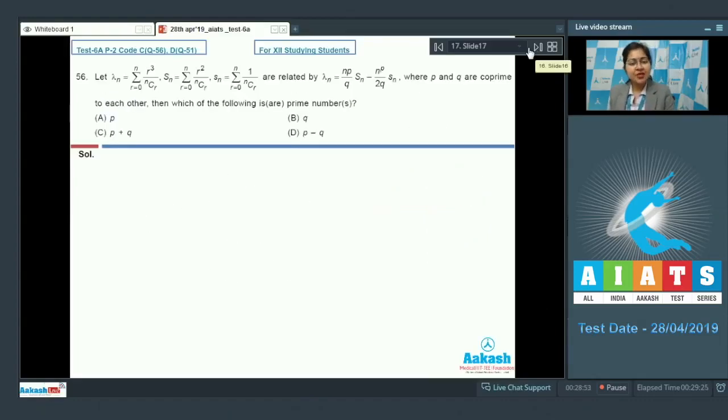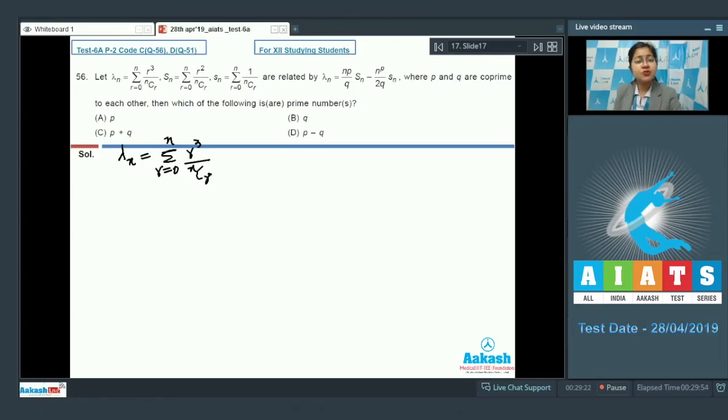Next is question number 56, which says that let lambda n, capital Sn and small sn be given and they are related by this one where P and Q are co-prime to each other. Now here it has been given that lambda n is equal to summation r equal to 0 to n of r cube upon nCr.